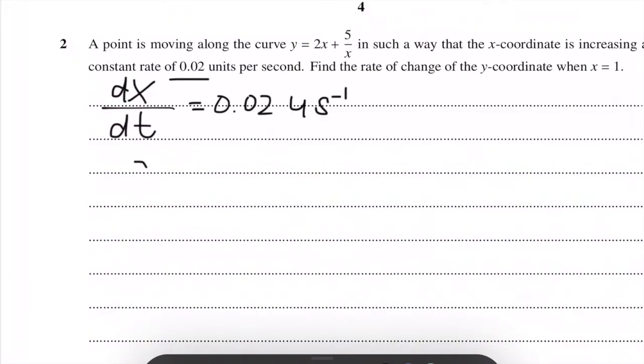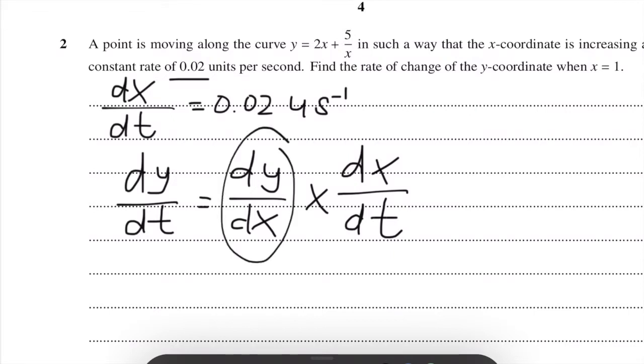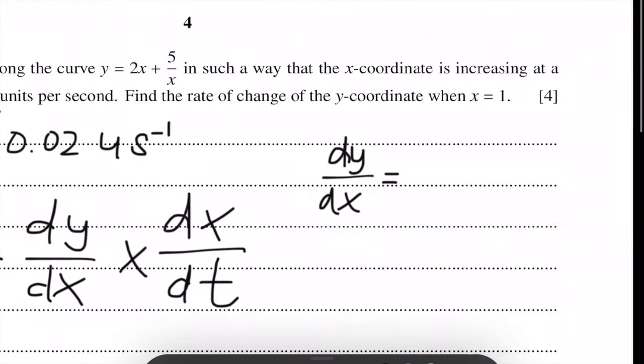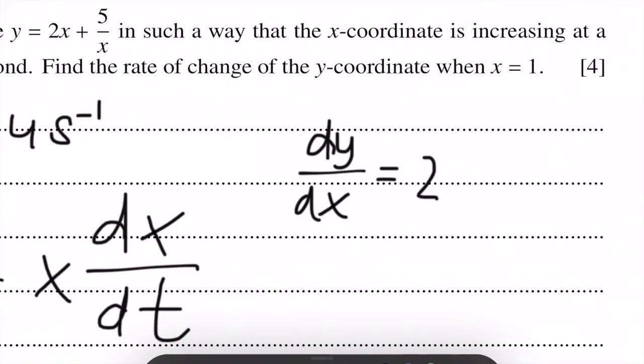So in order to find dy over dt, we will need to multiply dy over dx, which is the derivative, with dx over dt. So we have to find the derivative first. The derivative is 2 minus 5x to the power of negative 2.